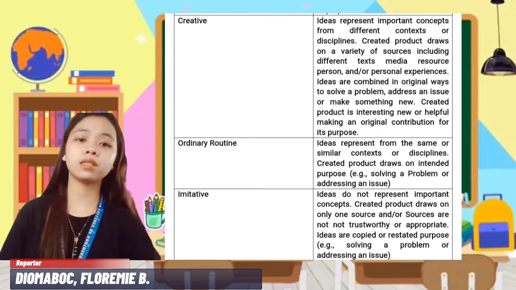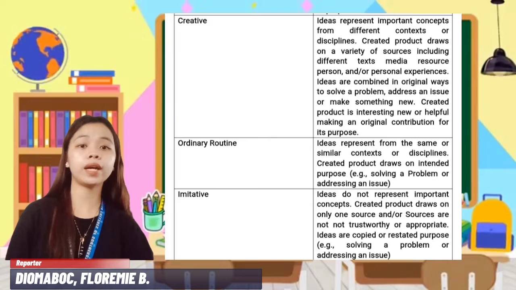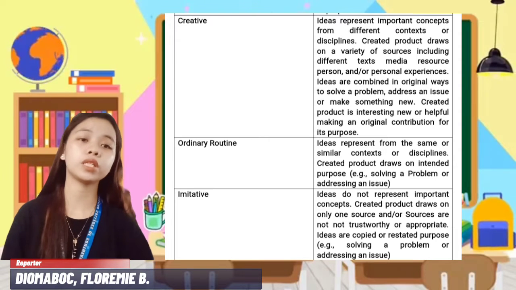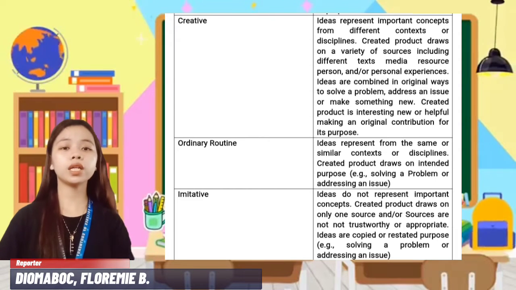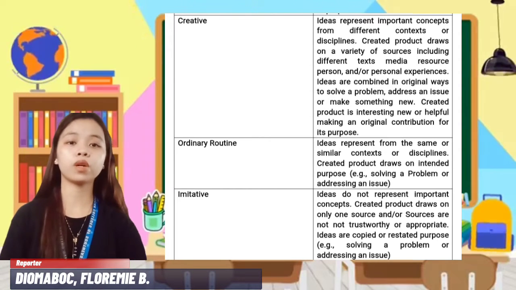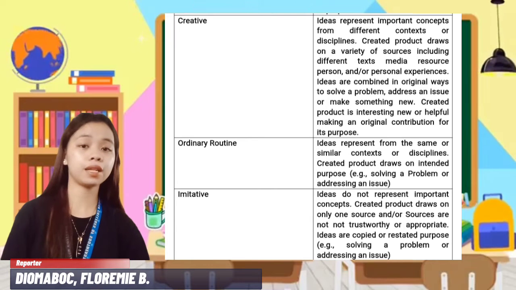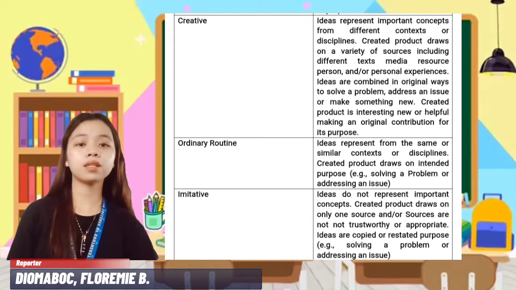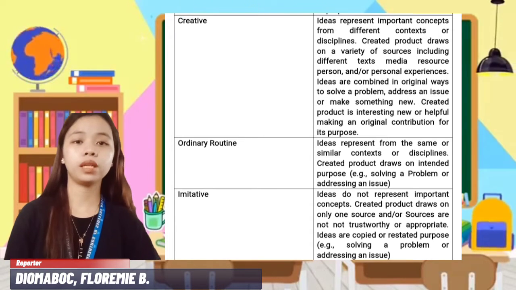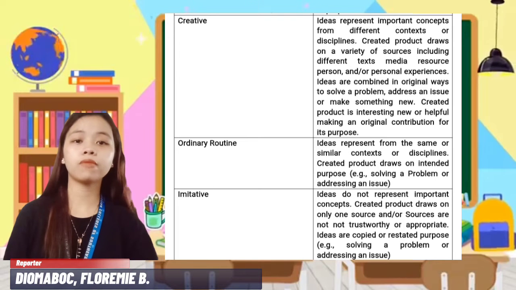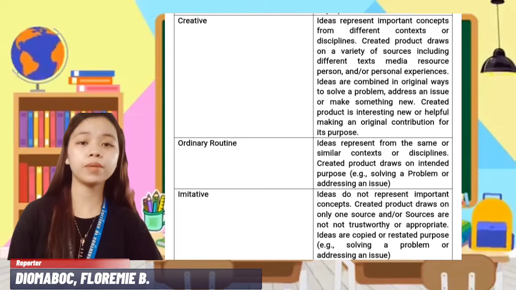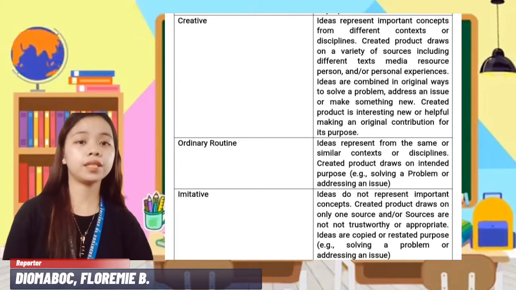Created product is interesting, new, and/or helpful, making an original contribution for its intended purpose or solving a problem or addressing an issue. So next one is ordinary or routine. So ideas represent the same or similar contexts or disciplines.